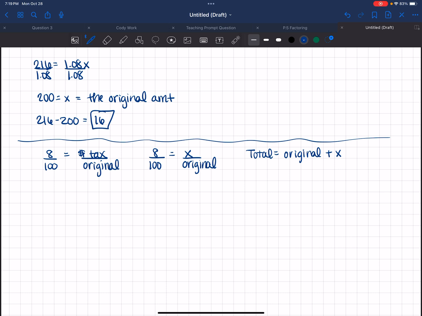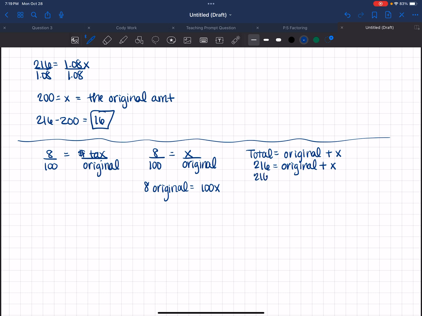So let's go ahead and work it kind of like she would have normally with a proportion. So she would butterfly it like she said. And that would give her 8 times the original equals 100X. Okay, well, do we know what the total is? We know that the total is 216. So 216 equals the original plus X. Okay, well, if I move, then what is original really?